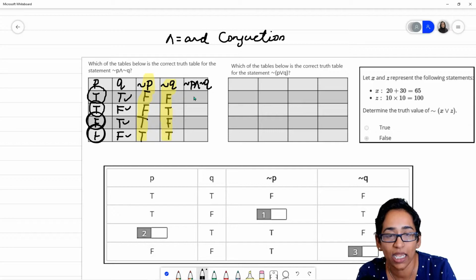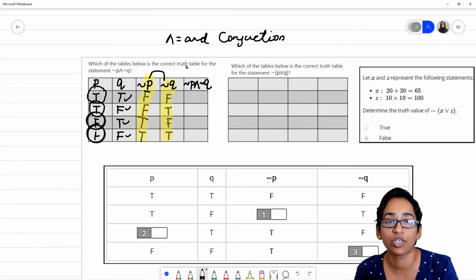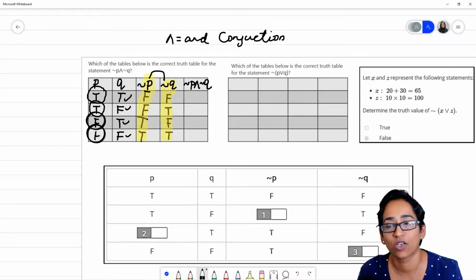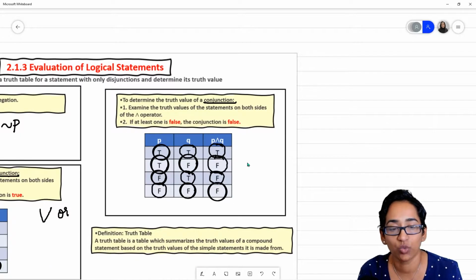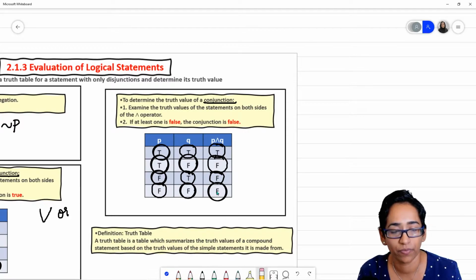Why is that? Because I want the conjunction of these two. Remember how conjunction works. Conjunction is true only if both of them are true. Let me go ahead and erase this so you can see.